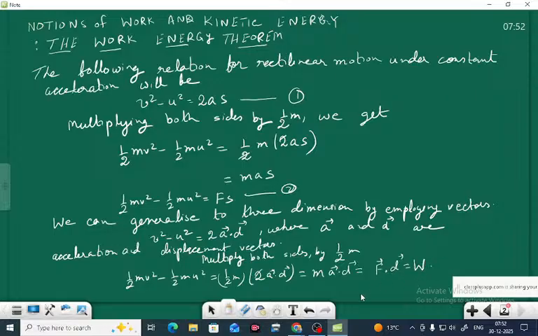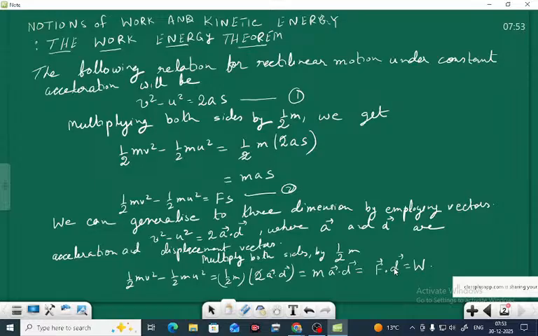So we get this result actually. We are getting half m v square minus half m u square equal to F dot d or work. This equation we got. So the above equation provides a motivation for the definition of work and kinetic energy.